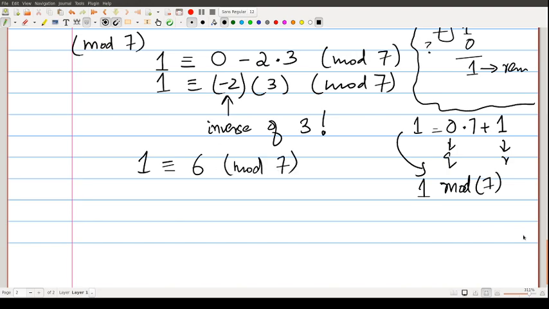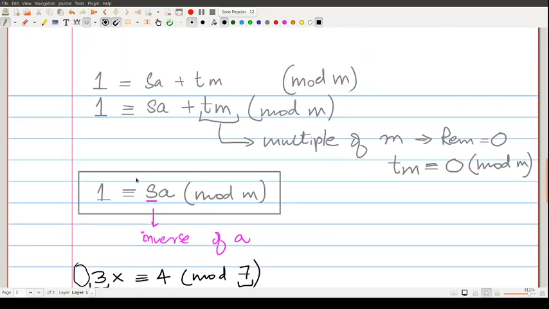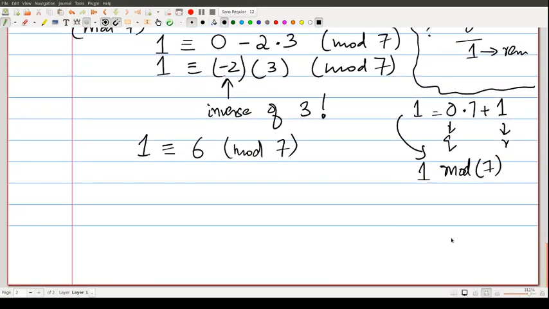But I want to keep it in terms of 1 congruent to s times a, because this equation tells me that a and s are multiplicative inverses of each other, because they give me the multiplicative identity. So I keep it in terms of 1 congruent to minus 2 times 3, and I know that minus 2 and 3 are inverses of each other. Does that make sense, Maham?